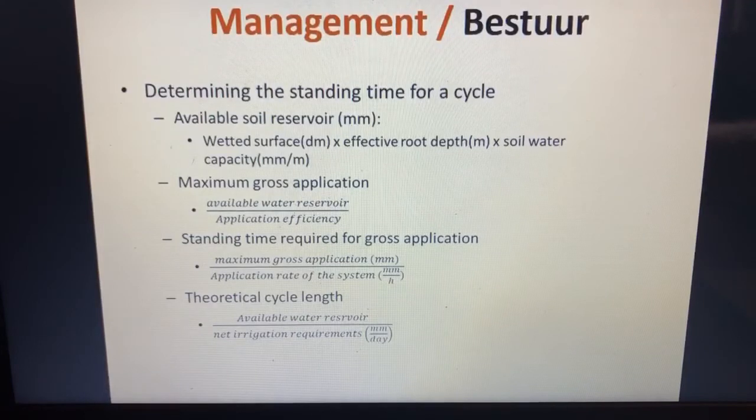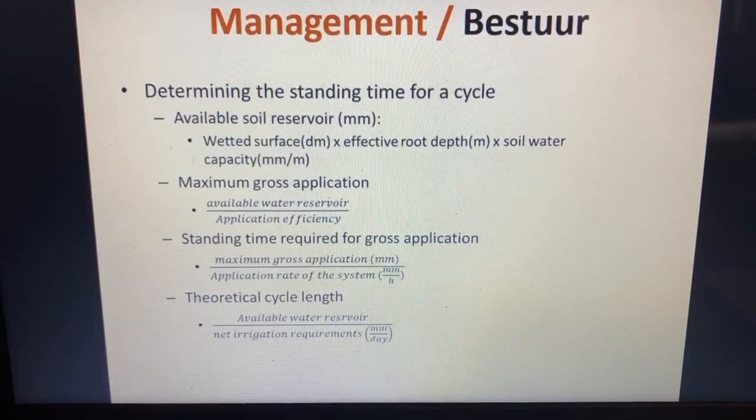Then the standing time required for gross application: the maximum gross application, which is based on the available water reservoir, the space you have, divided by the application rate of the system. That is the liters per hour that your system is applying at the moment.